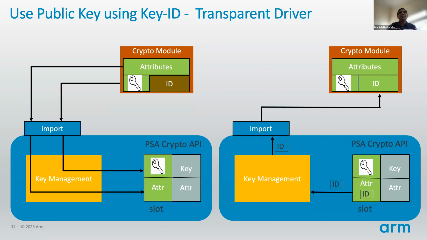We call it a transparent driver because we are passing the whole key to the import function. But there are cases, which we don't encounter in TFA as of now, where we need an opaque driver, where instead of giving the key, we give the location of where the key is stored. Then the secure element extracts the key and gives the key ID back to the crypto module.